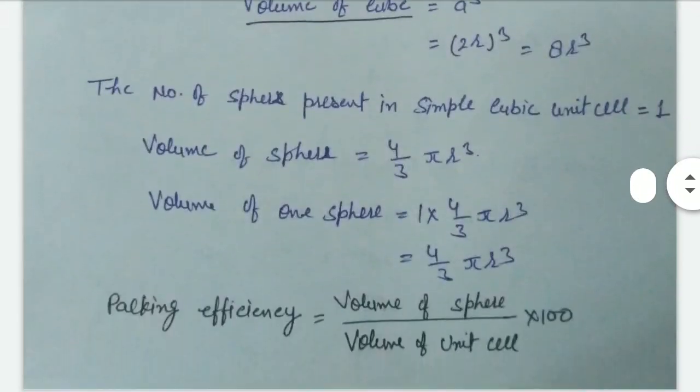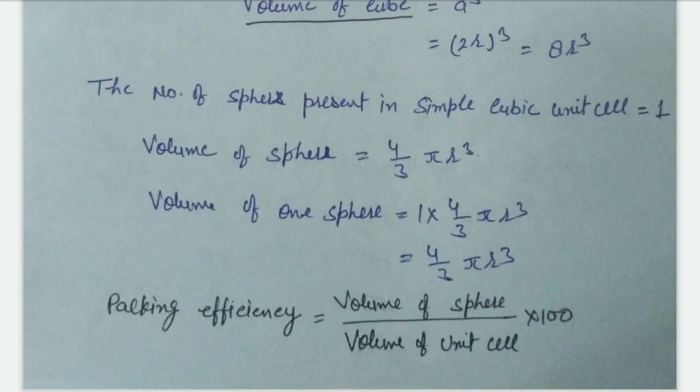The total number of spheres present in a simple cubic unit cell is 1. This is because there are 8 corners and 1 upon 8th part contributes from each. Therefore, the simple unit cell has only 1 atom or sphere.